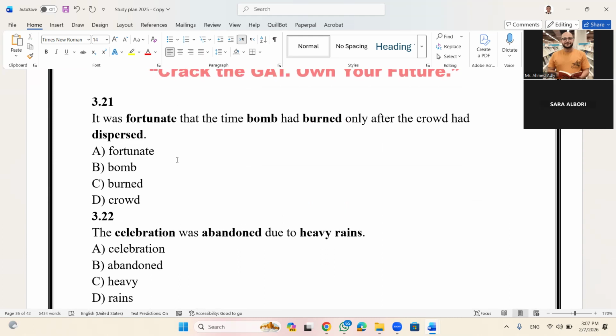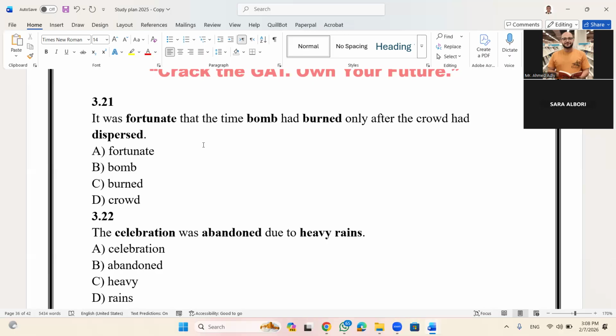It is fortunate that the time bomb had burned only after the crowd had dispersed. What is it about? It is about a time bomb. And what happened?